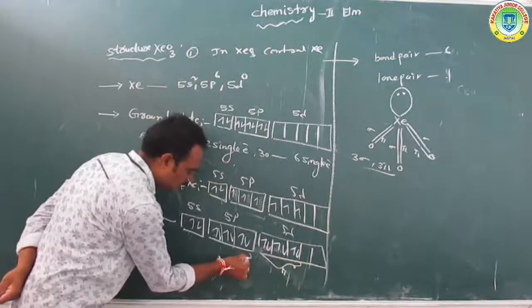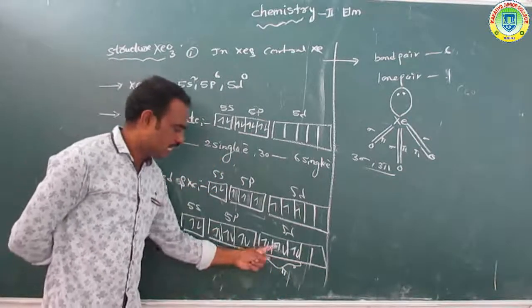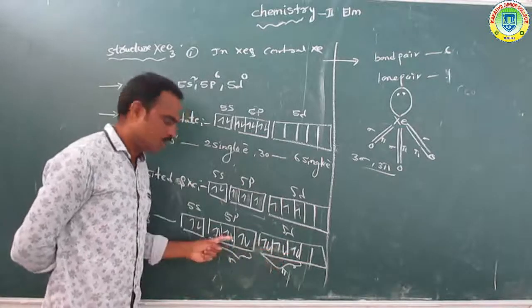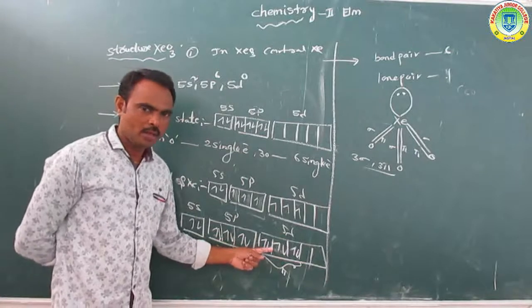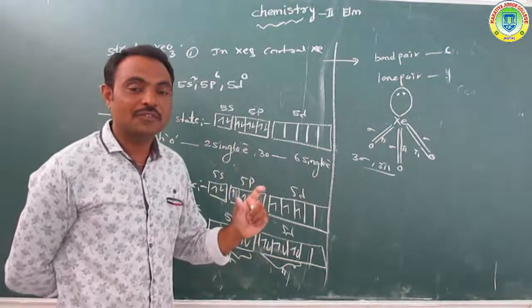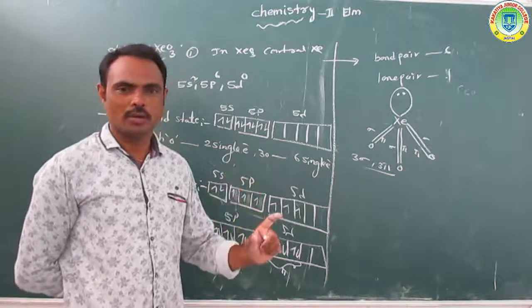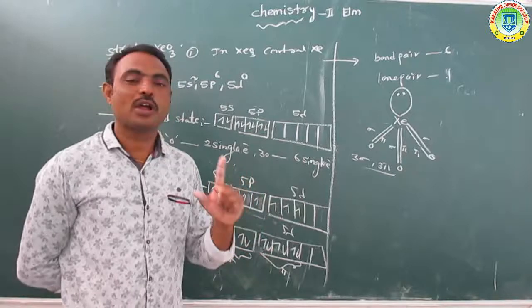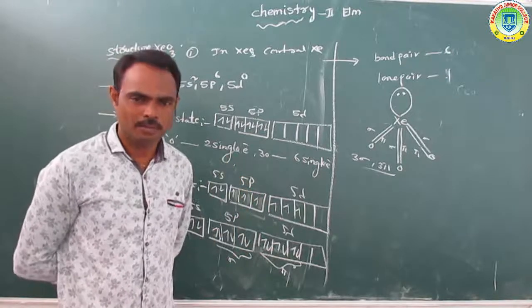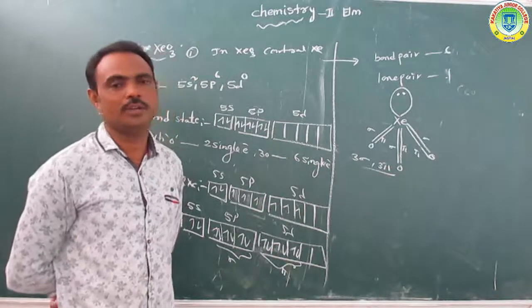Pi bonds are weak bonds, sigma bonds are strong bonds. Only sigma bonds are considered for hybridization, but pi bonds are not.